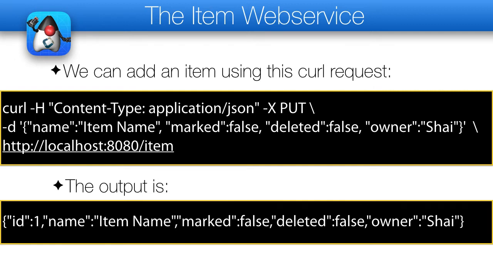We just use a put request that places that element into the item URL, and it responds by actually returning the actual item that was added, which would normally be the exact same JSON that we submitted plus an ID value, which is auto-incremented from the database with everything related to that. So that's a really simple web service, just a put request that includes the JSON within the body.